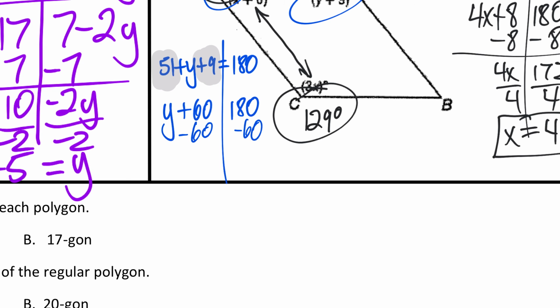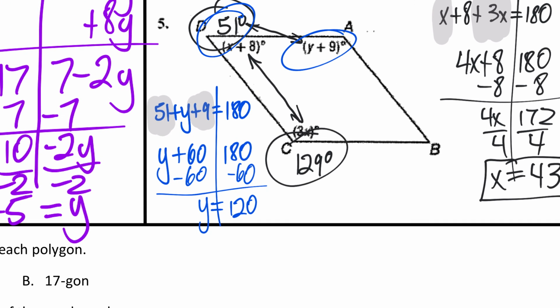Minus 60. Y equals 120. Which, I mean, I guess actually an easier way of thinking of that would have been these two opposite angles are congruent. So since you knew this is 129, it makes sense this is 120 because 120 plus 9 is 129. So y has to be 120. So that makes sense.